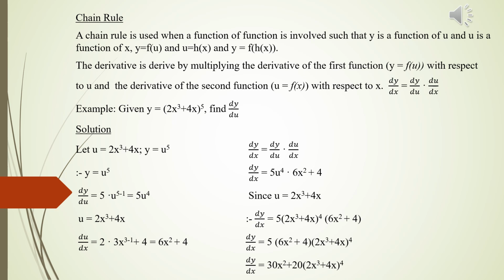So what we did here is to substitute what we got as dy/du. So dy/dx equals 5(6x^2 + 4)(2x^3 + 4x)^4. So dy/dx, when we open the bracket, we have (30x^2 + 20)(2x^3 + 4x) all raised to the power 4.